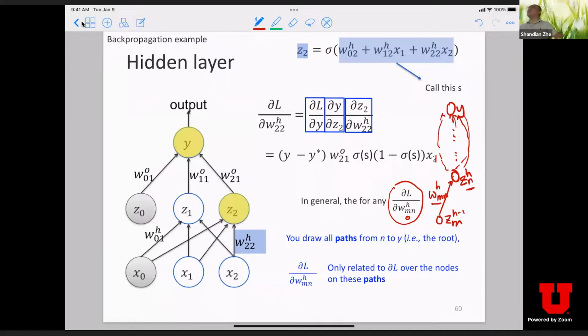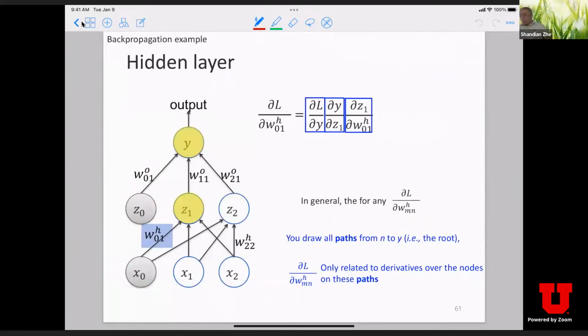This is the general idea. Does it make sense? We're going to look into the formal description of that. Everyone's good, right? Okay.